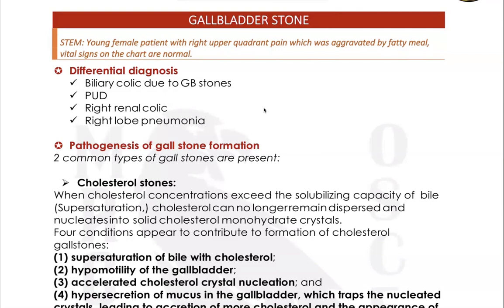Also, maybe these two, maybe this is not closely related, but you have to give some kind of disease, right? So you can say right renal colic or right lobe pneumonia. This can also cause some kind of right upper quadrant pain. That's why these two. But mainly, this is your main diagnosis, the gallstones.